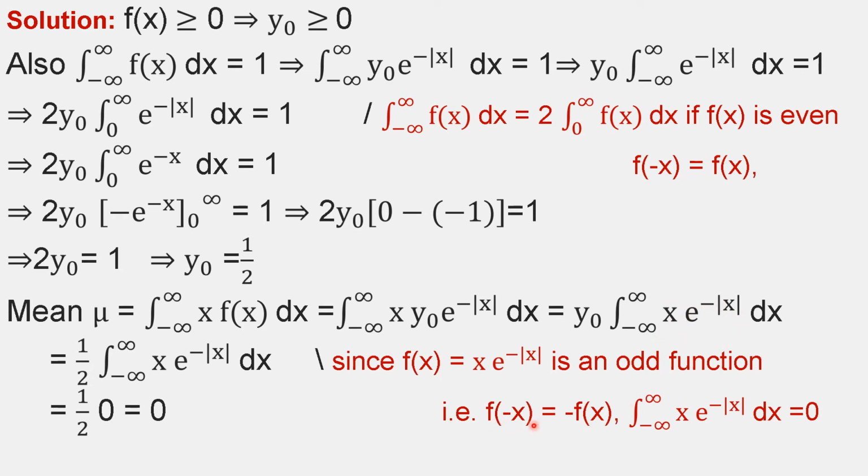So we get f of minus x as minus f of x. So this integrand is odd. So the integral will be equal to 0. Y naught is a half, and that integral where the integrand is odd will be 0. Half into 0 is equal to 0.